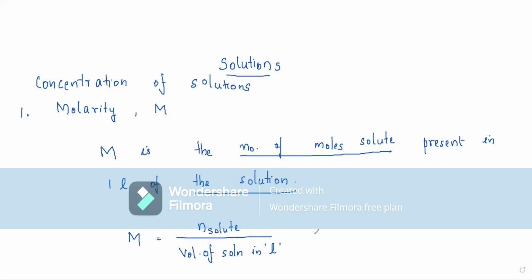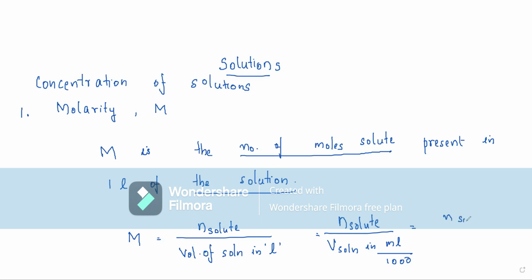Now, what if the volume is given in milliliter? Then you need to convert it into liter. So that is N of solute by volume of solution in milliliter divided by 1000. Milliliter divided by 1000 makes it in liter.